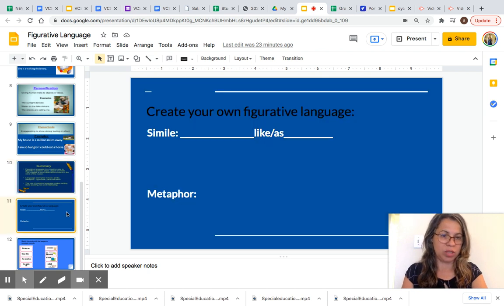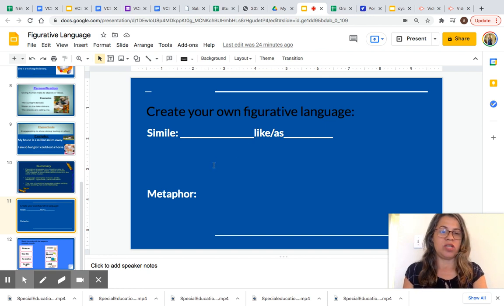Now it is your turn to show your understanding of figurative language. The first thing that you are going to do is create your own figurative language. You can write down in your notebook a simile, so you can compare one thing to another thing using like or as.